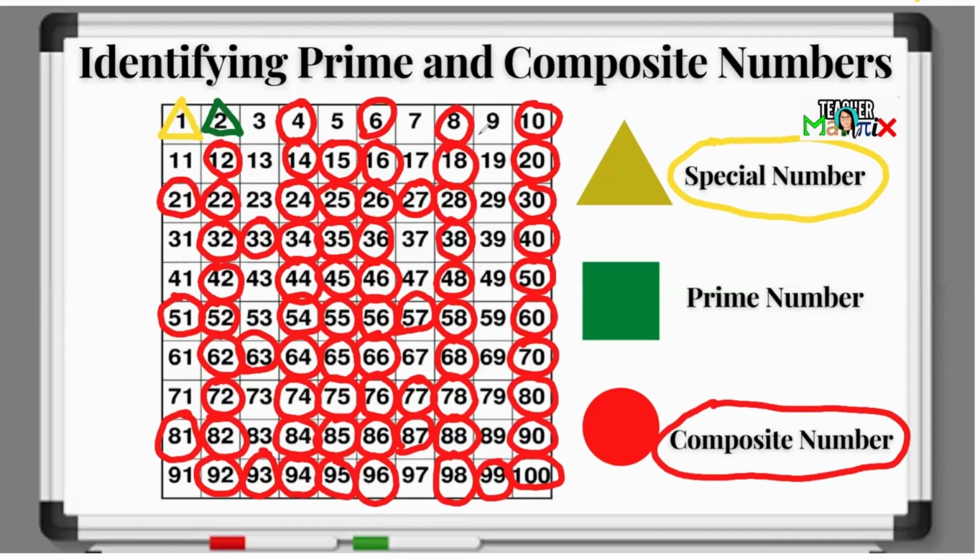So let's encircle this because this is composite. 19, 1 plus 9, no, it's not. 29, 2 plus 9, not. 39, 3 plus 9 is 12. Okay, divisible by 3. 49, 4 plus 9 equals 13. But 49 is composite because this is divisible by 7. 7 times 7 is 49. Let's encircle this.